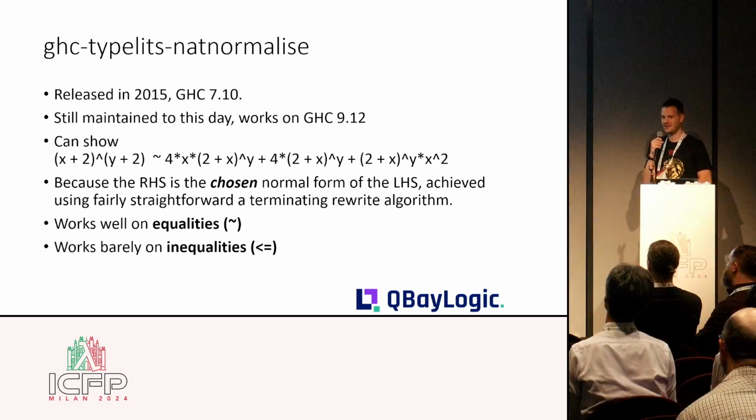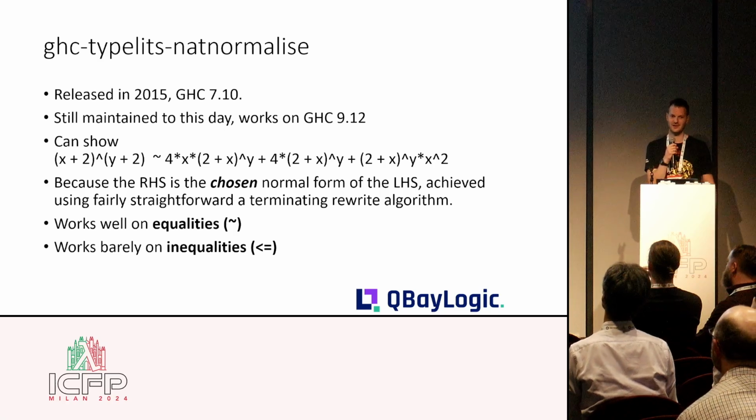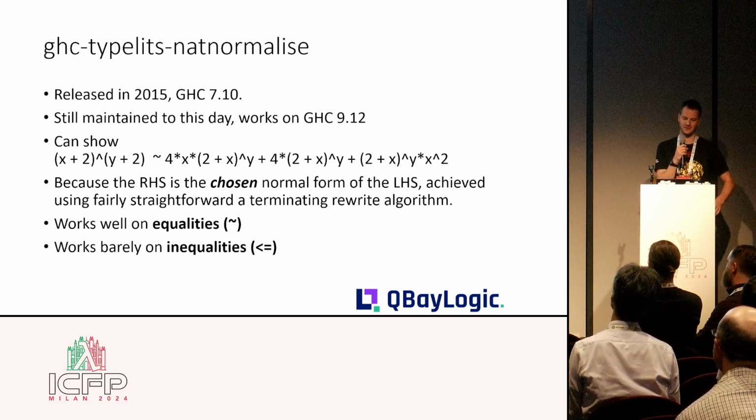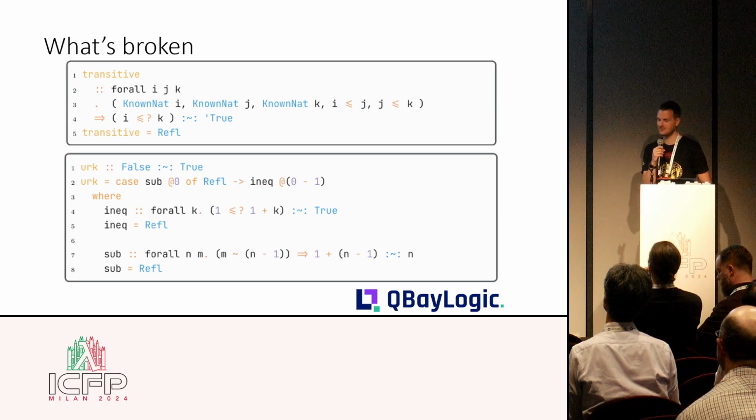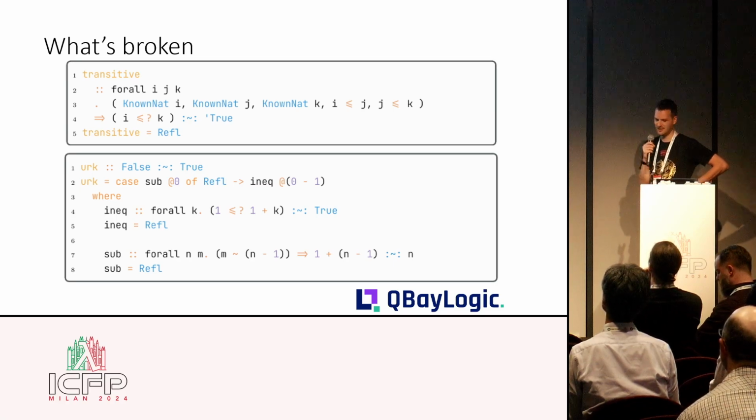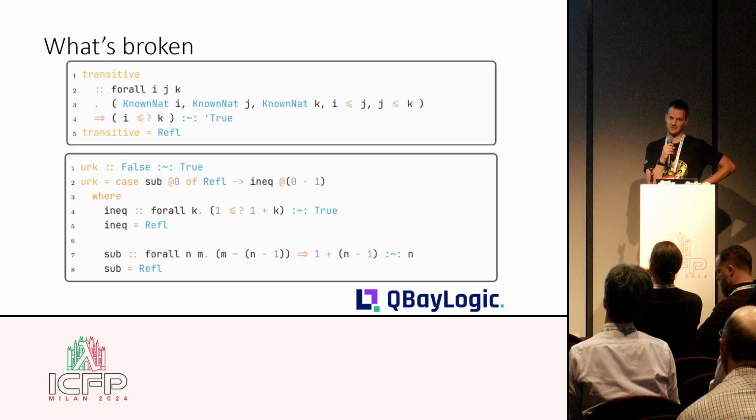Rewriting works very well when you want to deal with equalities, but it did not turn out very well for inequalities. So inequalities were sort of bolted onto ghc-typelits-natnormalise and never really worked well. It could not show transitivity of inequality. It just didn't.